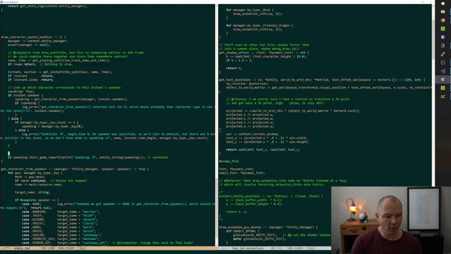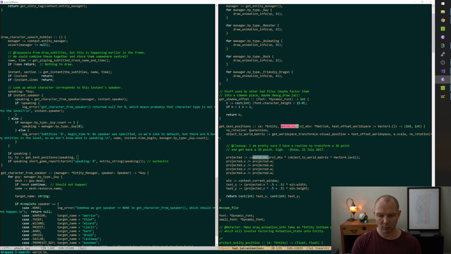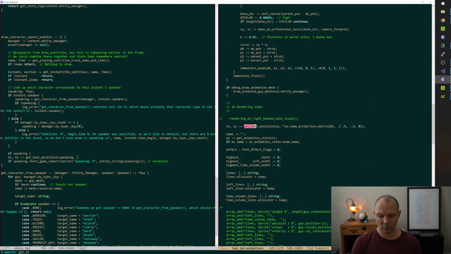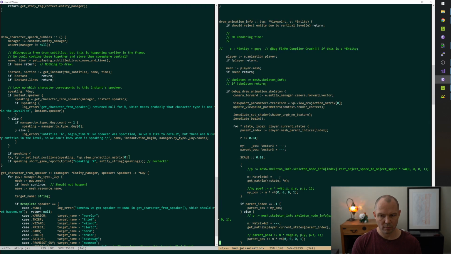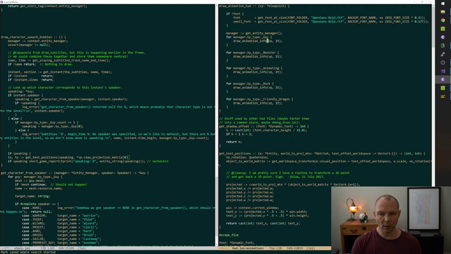Yeah, so I think we just say txty is get text positions speaking, and then this frickin' thing. Like, why are we passing a viewpoint parameter?